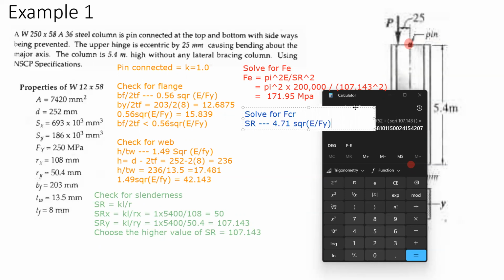We know that our slenderness ratio is 107.143.